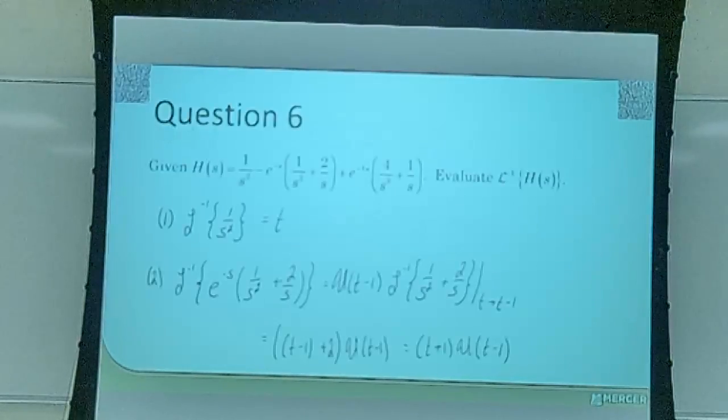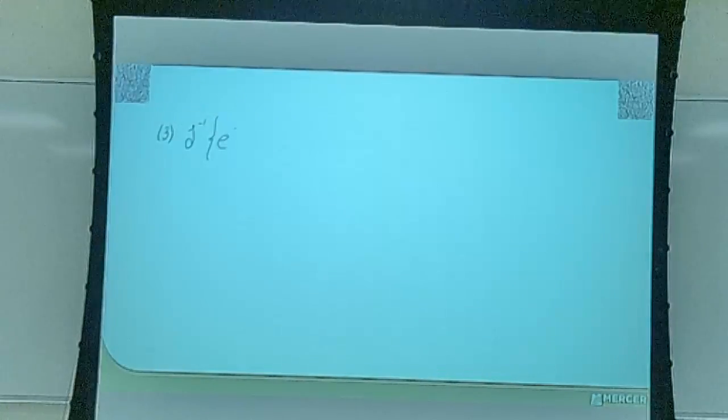Let's call this 3, the inverse transform. What was it? E to the negative 4s times 4 over s cubed plus 1 over s. Second shifting theorem. I have to say that slowly.